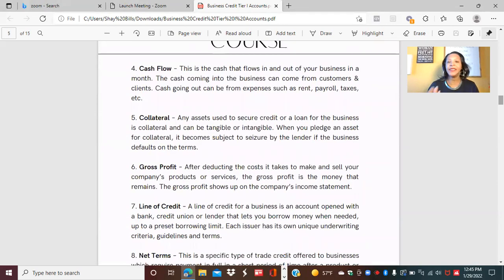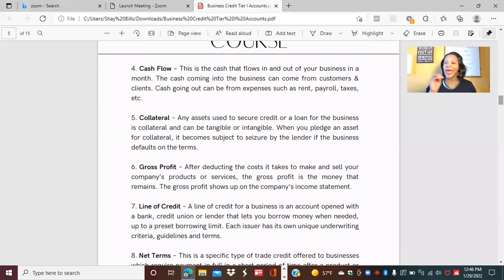Cash flow. This is the cash that flows in and out of your business in a month. The cash coming into your business could come from customers or clients. Cash going out can come from expenses such as rent, payroll, taxes, etc. Please understand that as your business begins to grow, in your business checking account, okay, when we start moving to Tier 3, they're going to want to make sure that there is enough cash flow flowing through your business account that can actually sustain some of the credit that you're trying to get extended to yourself or your business, okay?